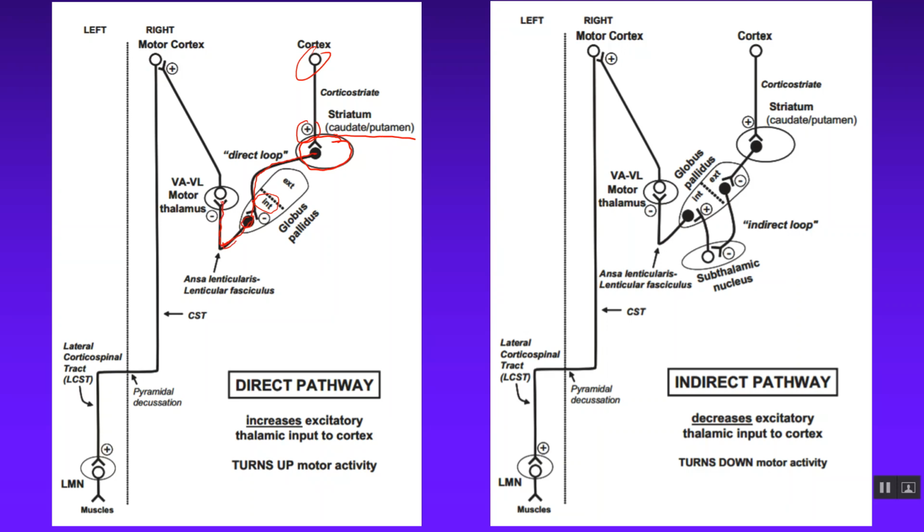Don't worry about that. That goes up to the motor thalamus, the VA and the VL, the ventral anterior and ventral lateral parts of the thalamus, and then back to the cortex. Okay? And here we have our negative and our negative right here that are canceling each other out, which makes this a net positive influence back to the cortex.